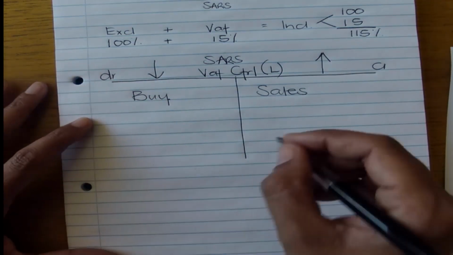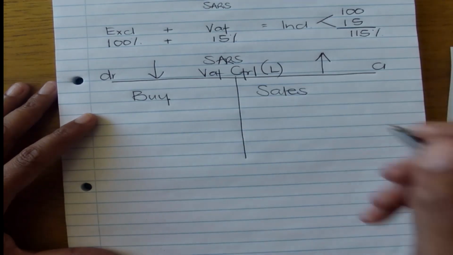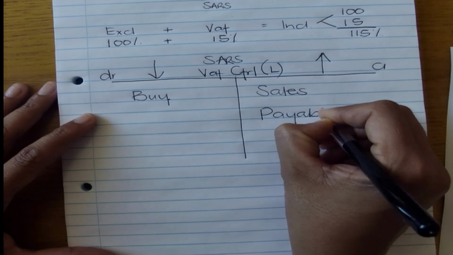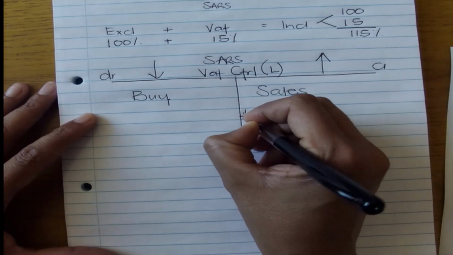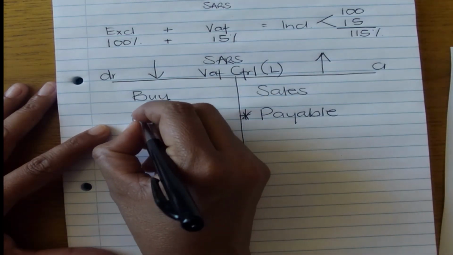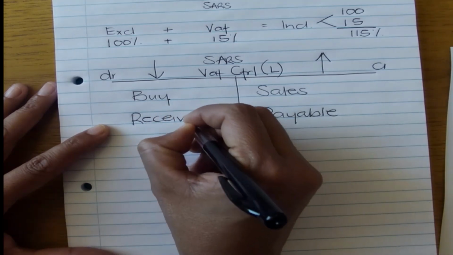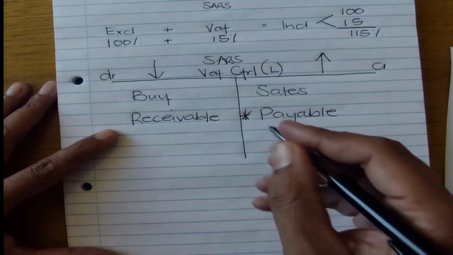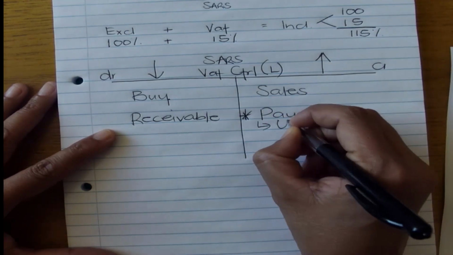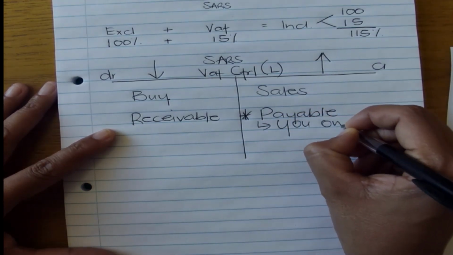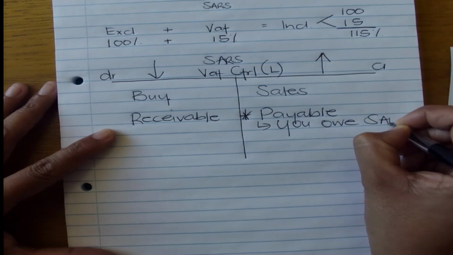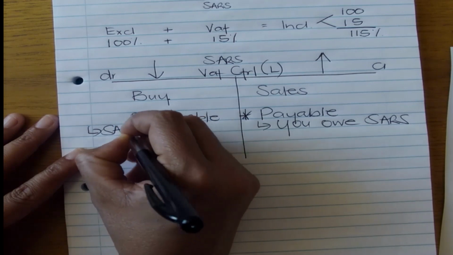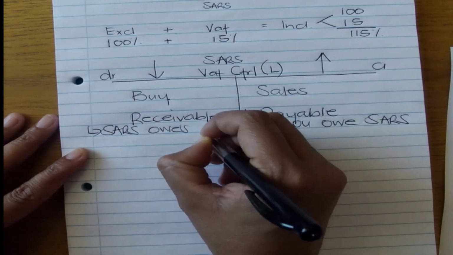So, what is it that you need to pay to SARS? What is payable to SARS? This is payable, meaning if your balance is on this side, it shows that you need to pay SARS. This is receivable, so if your balance is on this side, it means that SARS owes you. So when it's payable, you owe SARS money. And if it's receivable, SARS owes you money.